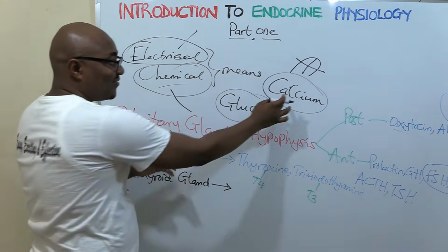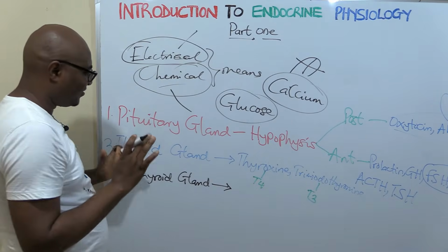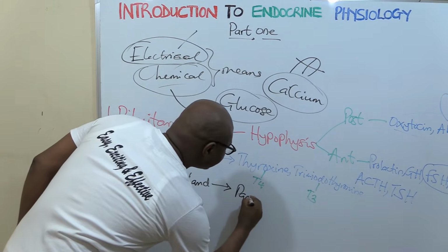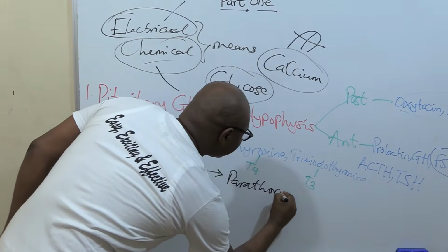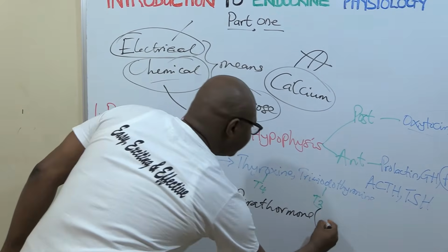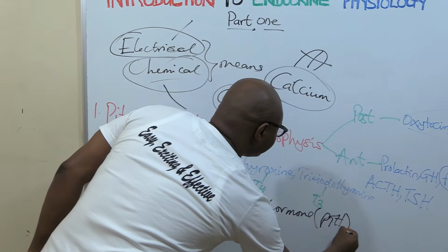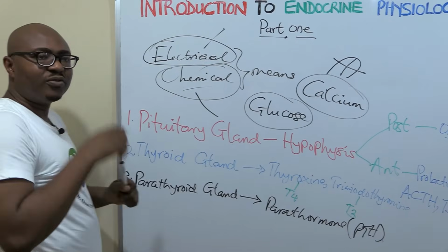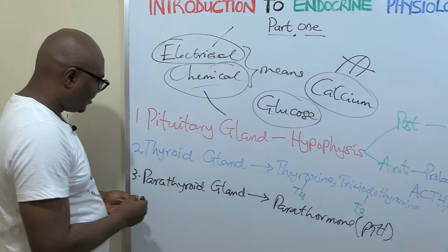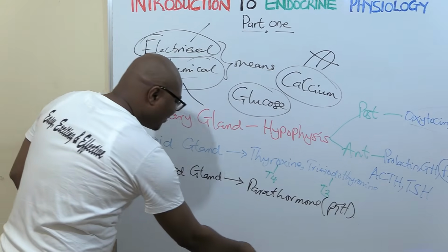They are the ones that regulate calcium levels. The parathyroid gland secretes parathormone, or parathyroid hormone, PTH for short. Okay, so from the neck, we're done with that. You now come down and you find another gland.